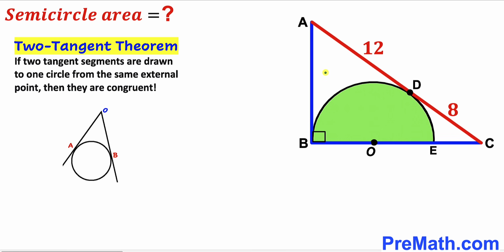Now we are going to apply this two tangents theorem on this given problem. These two points D and B are the points of tangency, and A is our external point. Then according to this theorem, this segment AD is equal to this side length AB, and we know that AD is 12, so AB is going to be 12 units as well.